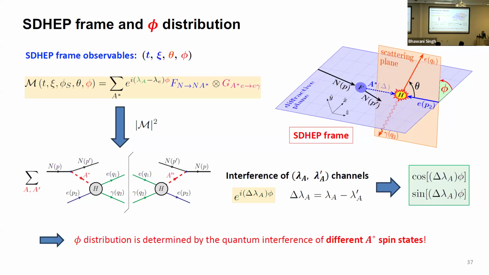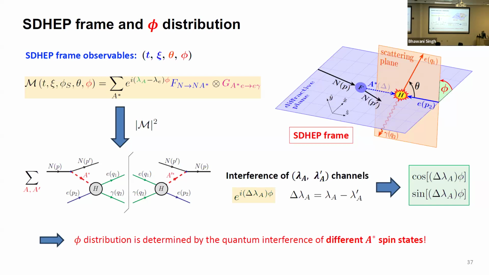And in doing that, we get a sum over all possible interference between different A star states. On the left-hand side, we have A star, and on the right-hand side, we have A prime star. And this will interfere, and this interference will generate another phase. This phase factor is given by the helicity difference of the interfering A states, so it's given by the helicity difference of lambda A and lambda A prime.